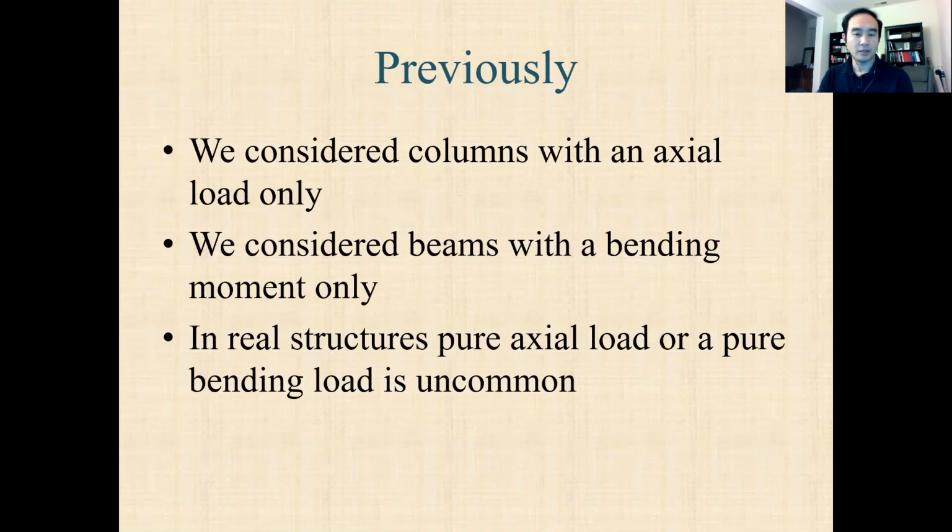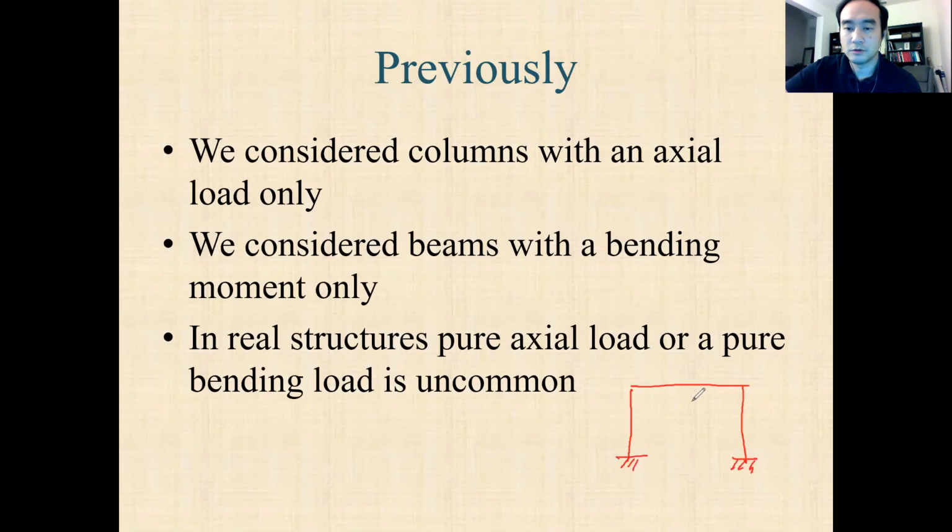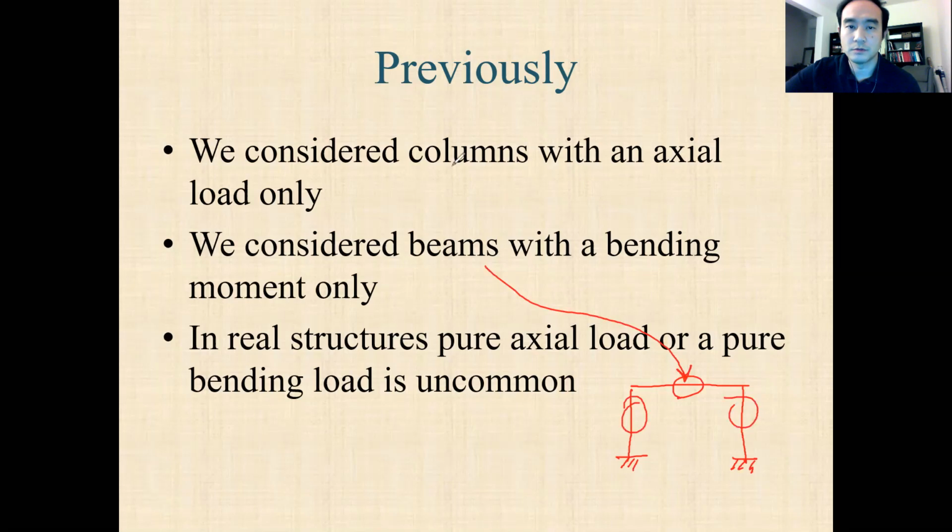But in reality, think about the frame. Let's think about a simple frame like this, with whatever boundary conditions. These horizontal members we call the beams, and these vertical members are called columns.